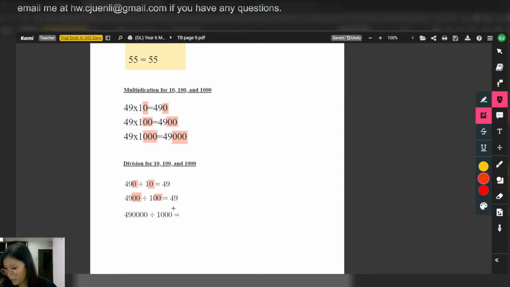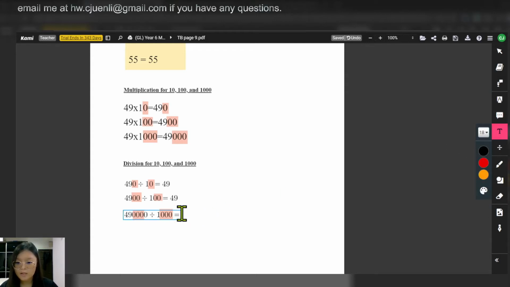So we have to be careful, look at the numbers very carefully, because even though this can be quite simple, people tend to make mistakes as well. So when there's 3 zeros, we only remove the 3 zeros, right? So there's one more zero left over here. So what we can do is we can put in 490 as the answer. Remember to look at the number of zeros very carefully.